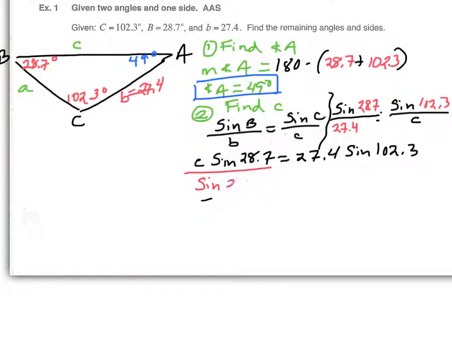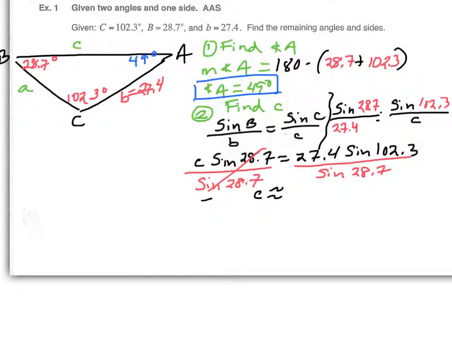I haven't broken out my calculator yet, by the way. So I'm going to divide that side by the sine of 28.7 and divide this side by the sine of 28.7. Don't those cancel? And then what you're going to put in your calculator is exactly what you see here, but you're going to end up rounding to two places. So I want you to take your calculator and check your mode right now.